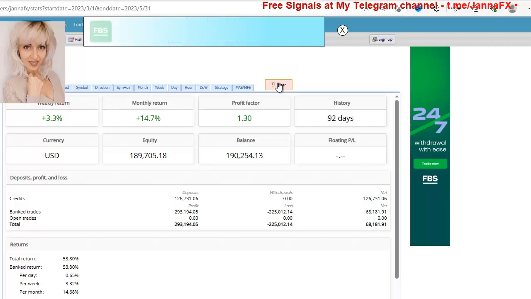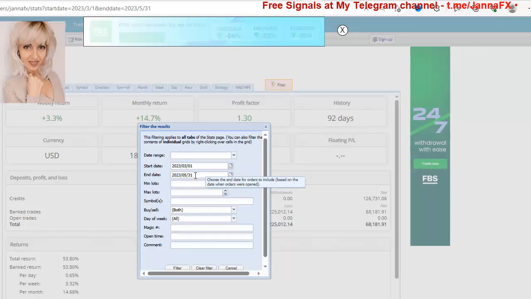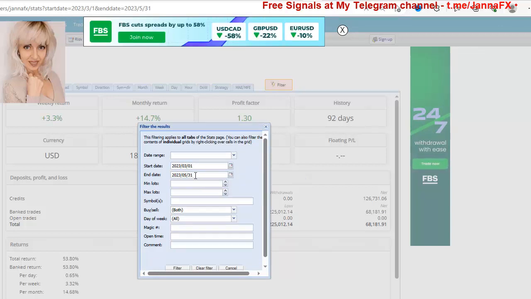So I just want to show you that it is 1st of March, as you can see here, and 31st of May. So it could be plus minus, because there could be trades which run in from before the 1st of March, and sometimes trades go into the next day.